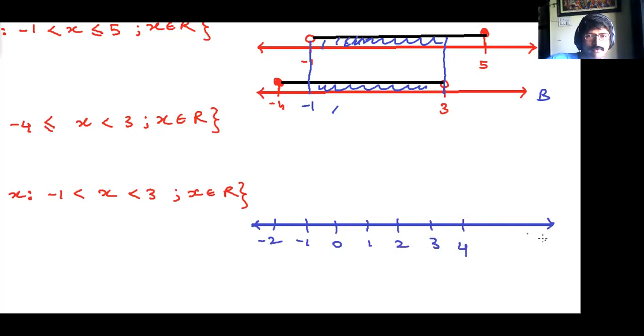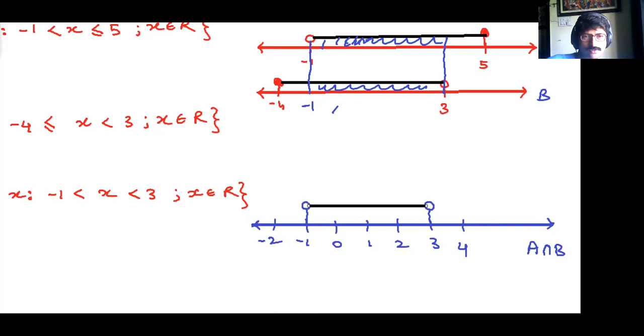This is the A intersection B set, and on -1 we'll draw an empty lollipop, and on 3 another empty lollipop, and join them. You understood, guys? So simple, isn't it? You'll have to do the remaining portions this way also.